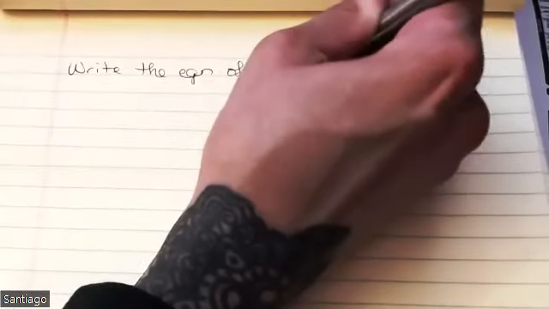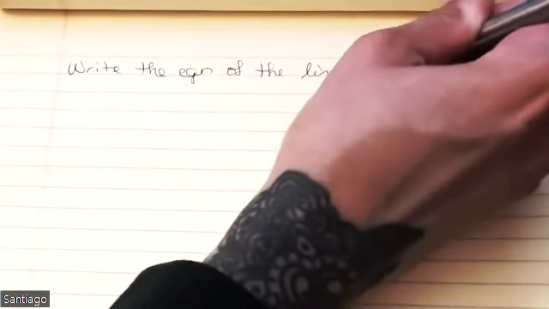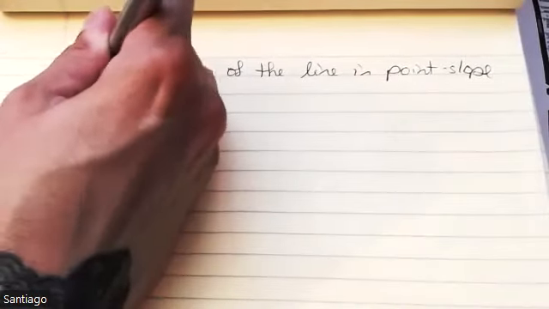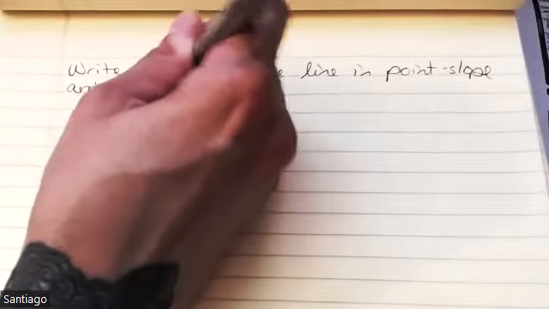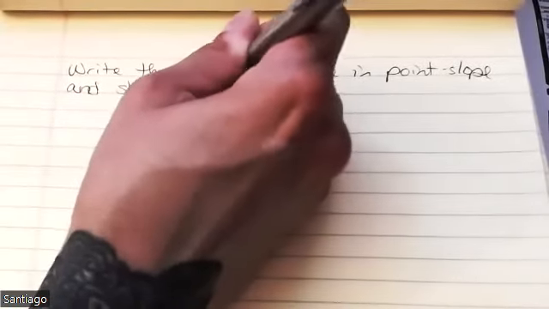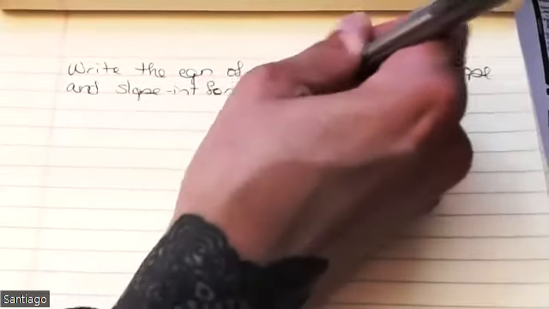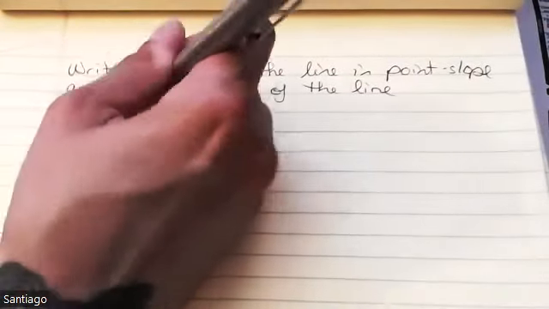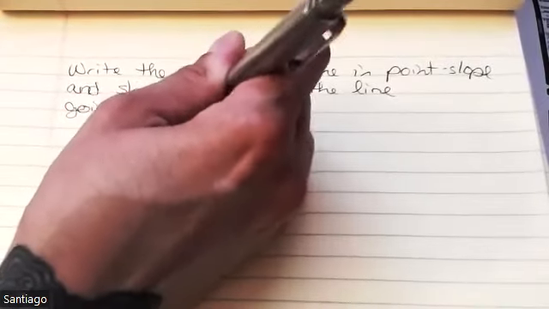So same thing, let's take this a step further. Let's find the equation of the line. So we are going to write the equation of the line in point slope and slope intercept form of the line going through, and now I'll come up with some points here.